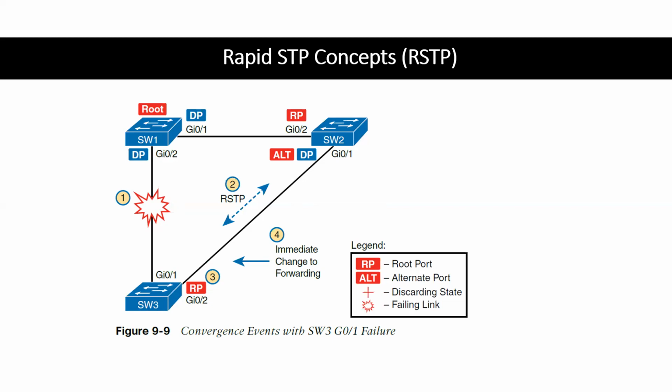And now after that happens, switch 3 is going to say, hey, gigabit 0/1, I'm going to set your port role to disabled, and of course set the state to blocking. And instantly after that I set gigabit 0/2's port role to be the root port role, and of course it's forwarding.